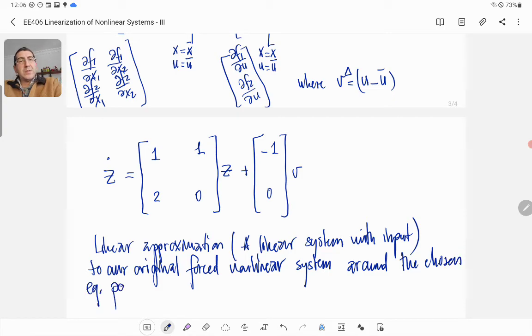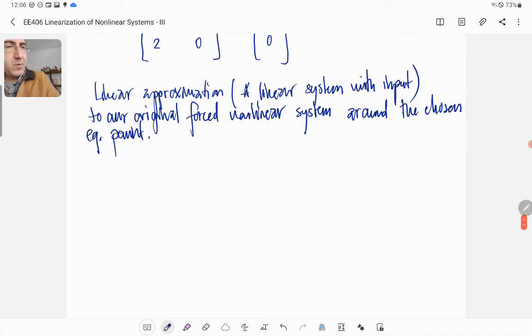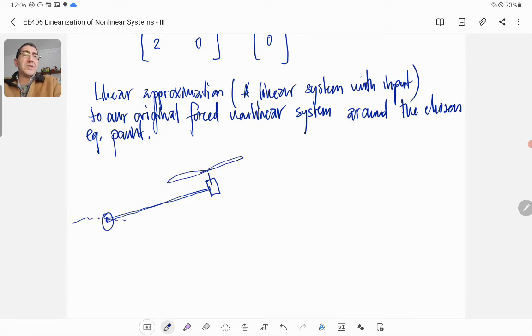Now I want to finish off with a practical example. Let's say you have a system with a motor and a propeller here, and you want to control this system, but you want to keep it at an angle of 30 degrees.